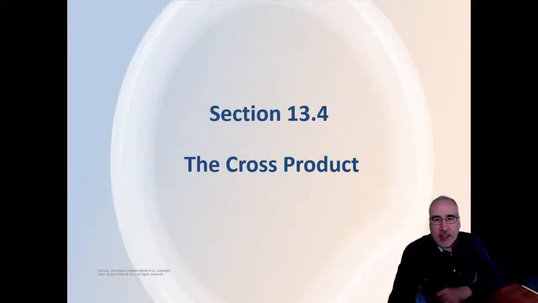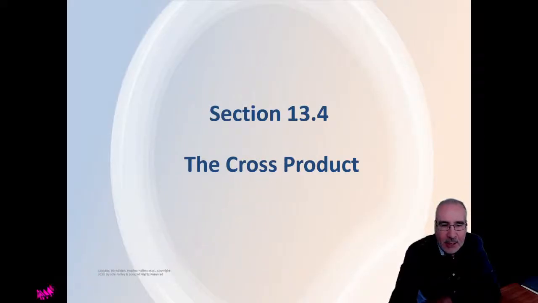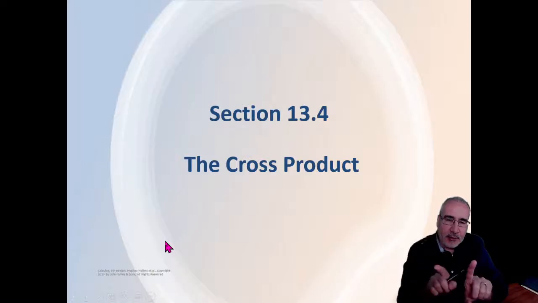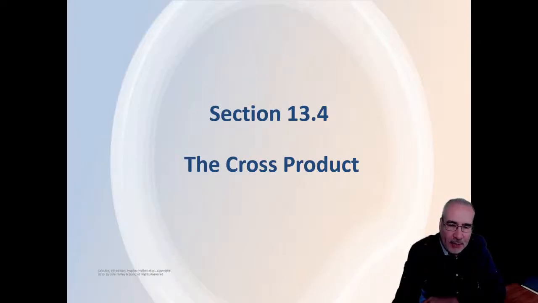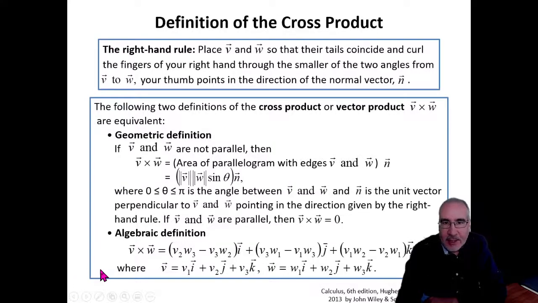Okay, let's take a look at section 13.4, the cross product. Remember, we're looking at two vectors. This is a type of multiplication. It's hard to talk about the right-hand rule without seeing it, but we'll see it in a moment.